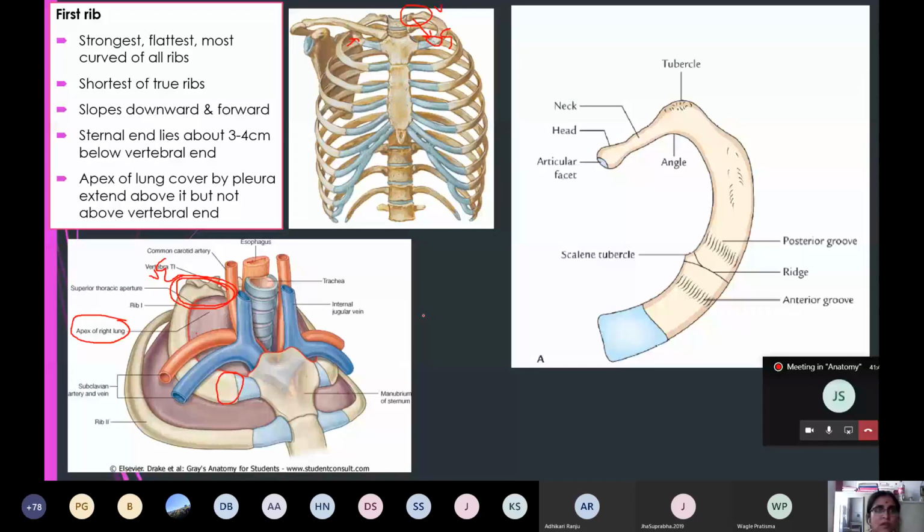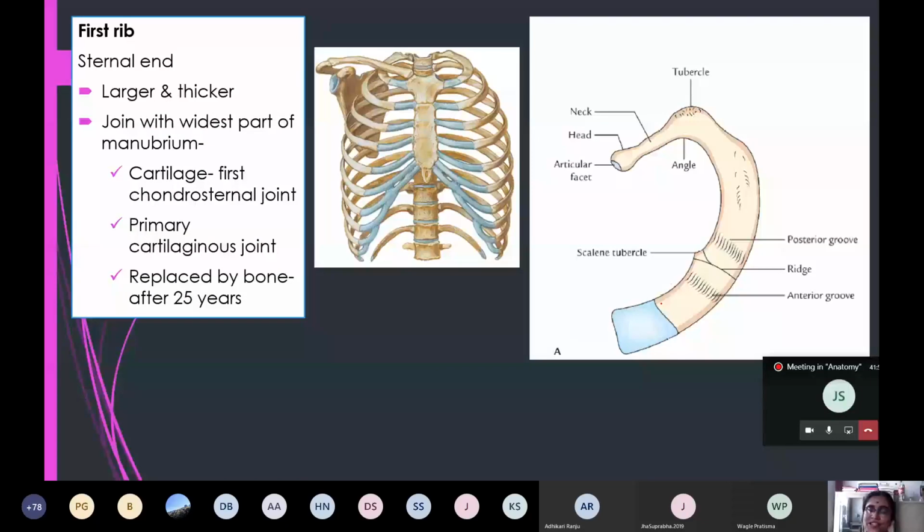Now, parts. Any rib has an anterior end, the sternal end, a posterior end known as the vertebral end, and a shaft. Similarly, the first rib also consists of the anterior end, also known as the sternal end. It is larger and thicker. It joins with the widest part of the manubrium, and the joint name is the first chondrosternal joint.